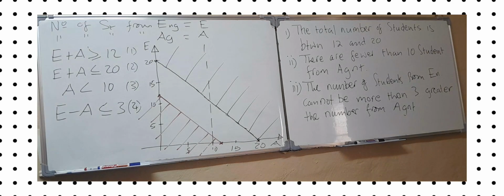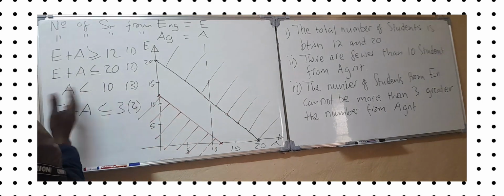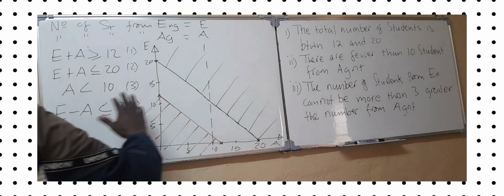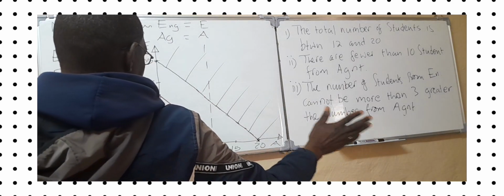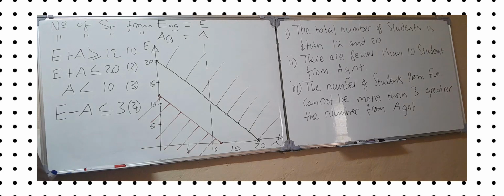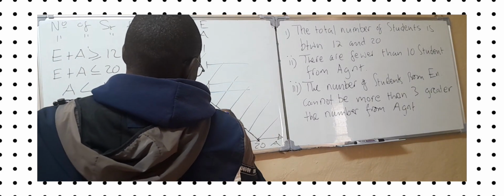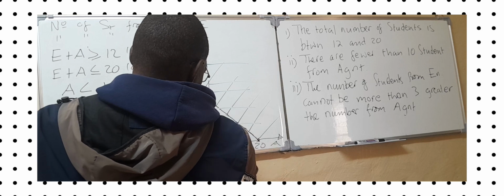Right. Which points do we want? Points to the left are all the points representing A is less than 10. Points to the right are representing A is greater than 10. So we don't want points to the right. So we get rid of them. All the points to the right, we do not want.